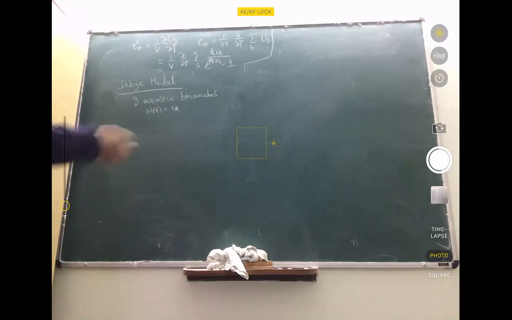Now, obviously, the dispersion is not linear over the entire Brillouin zone. So how do you take care of that?